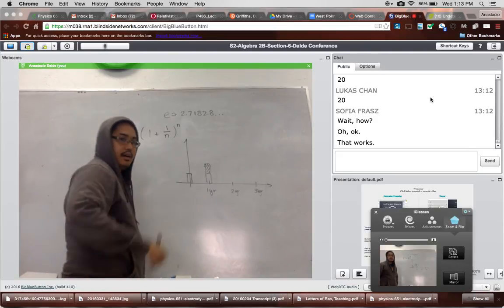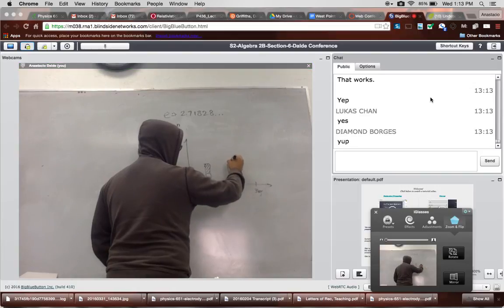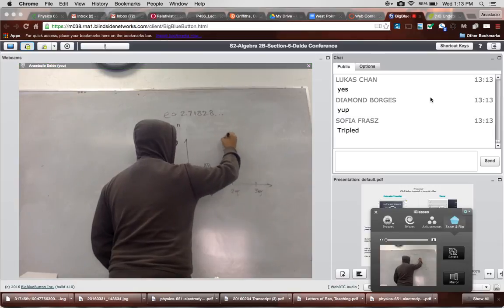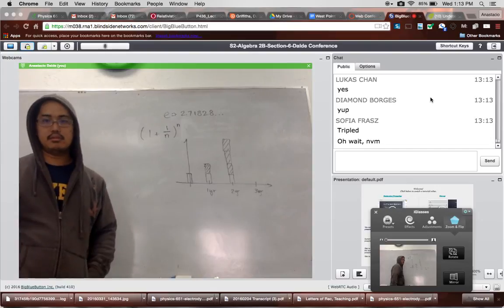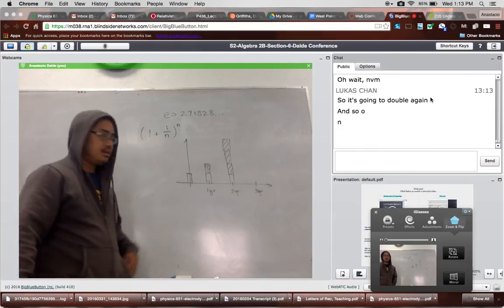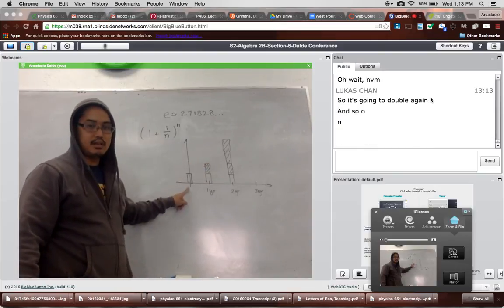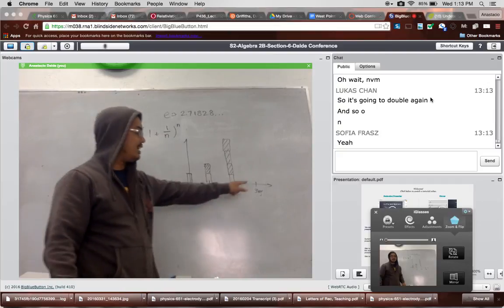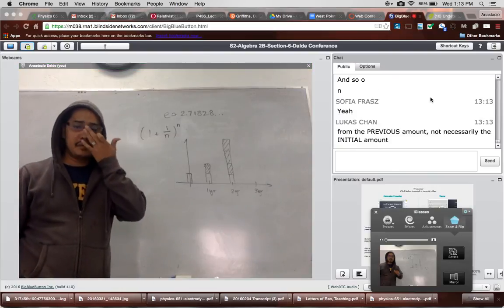And then after another year, I evaluate it immediately. And that's going to double. Are we cool? No, it's not going to double. It's going to double what you have in here. So if you put 10 bucks here, you're going to have 20 bucks here. You're going to have 40 bucks here. And you'll have 80 here. Are we cool? All right.